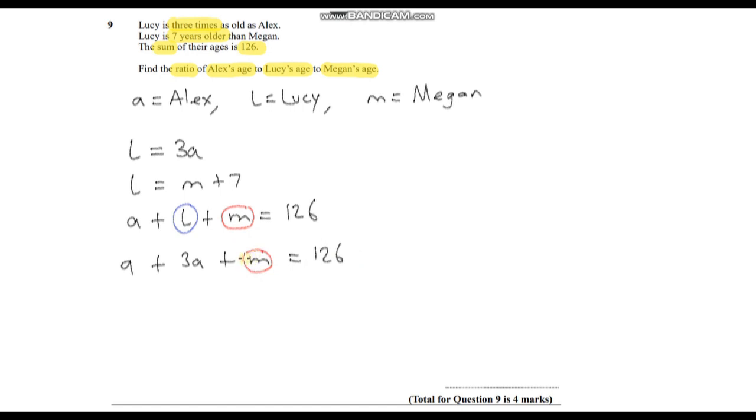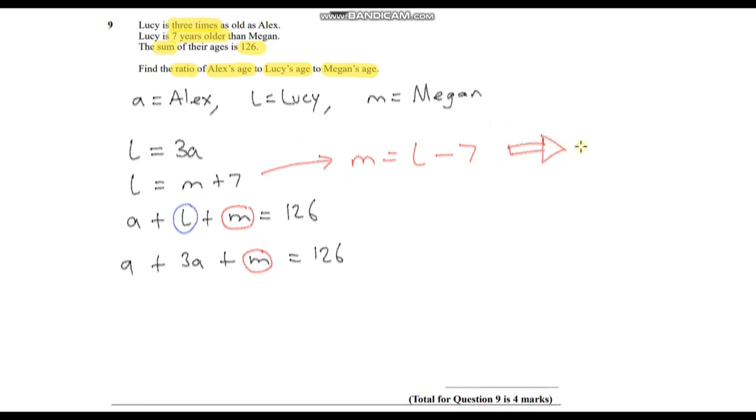So how can we get M in terms of A? Well, we can put M in terms of L. We've got L and M that relate together, Lucy and Megan. So using this equation down here, we can say that Megan, or M, equals L minus 7. I've just taken away 7 from both sides. And now I can use this top equation. I know that L equals 3A. I can just replace this L with 3A.